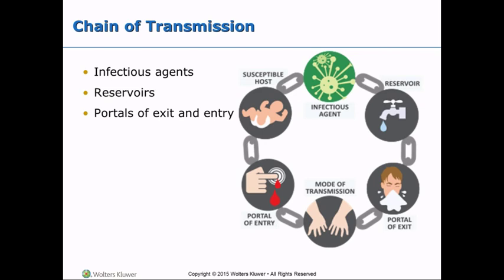The seriousness of the agent is how likely the organism is able to cause disease. The pathogenicity is the agent's ability to cause disease to their infected host. Virulence is along the same concept as pathogenicity, but refers to the ability of the agent to produce serious illness.